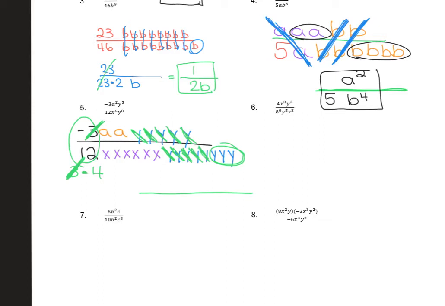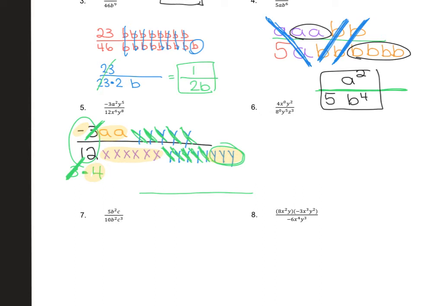All right, maybe I'll use the highlighter. I have a negative. I have a squared. I have a 4. I have a mess of x's. And then I have y to the 3rd.